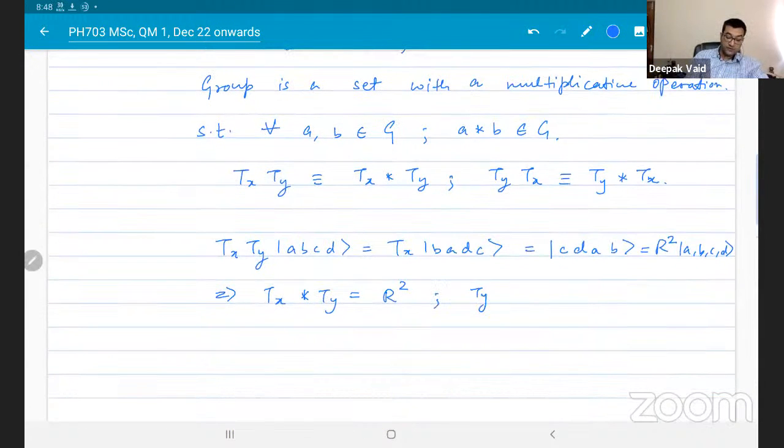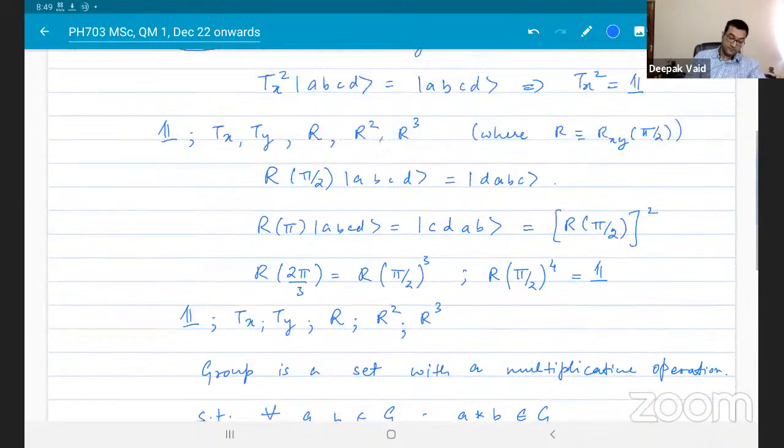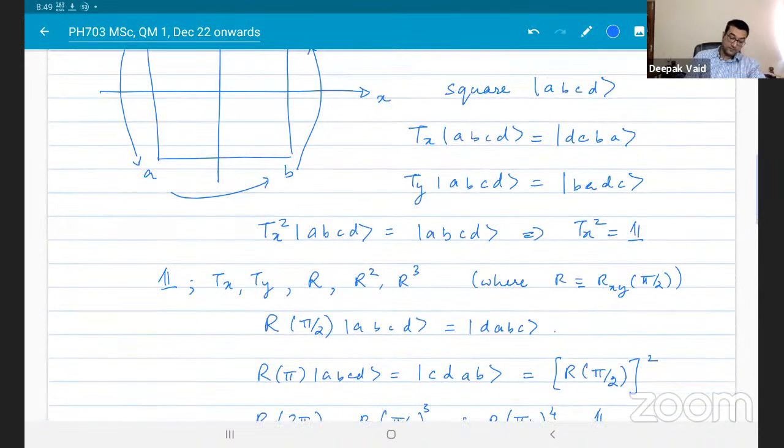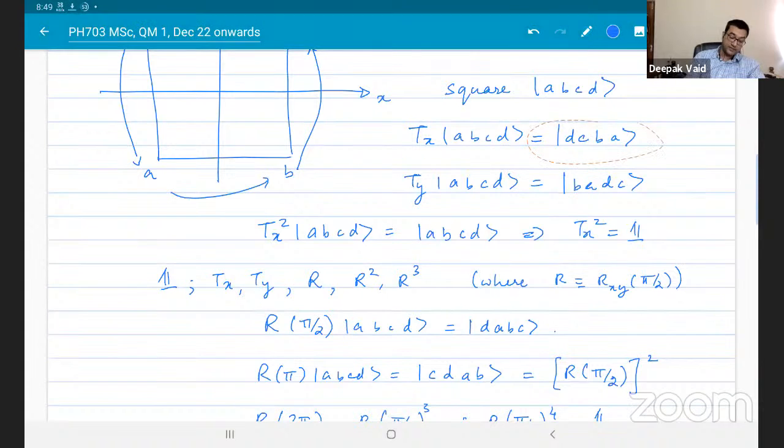Okay. Now what about Ty times Tx? Can somebody work this out and tell me what the answer will be? So first you act with Tx, you get this expression.